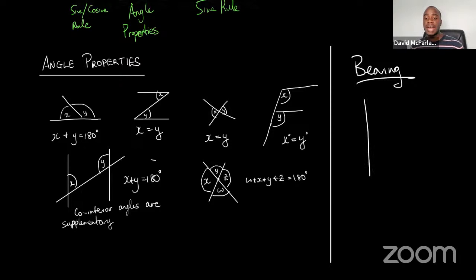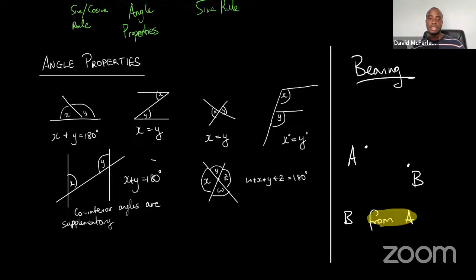So if I have a spot here, A, and this other point B, then the bearing of B from A means that I am going to start at A. I am coming from A. Just like if you're going to school from your house, that means you start at your house to go to school. Likewise, B from A means you start at A to go to B.